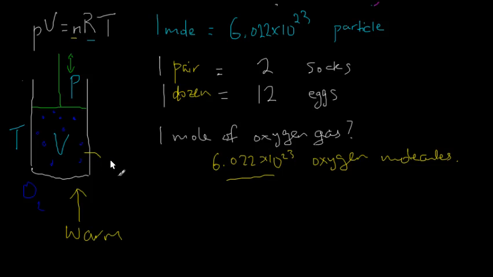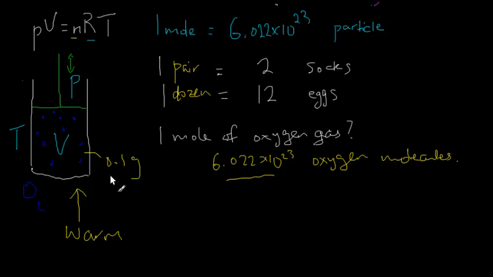But I can specify the mass, like 0.1 gram of oxygen. That's quite definite, quite clear. If I have 0.1 gram of oxygen, there must be a definite number of molecules.